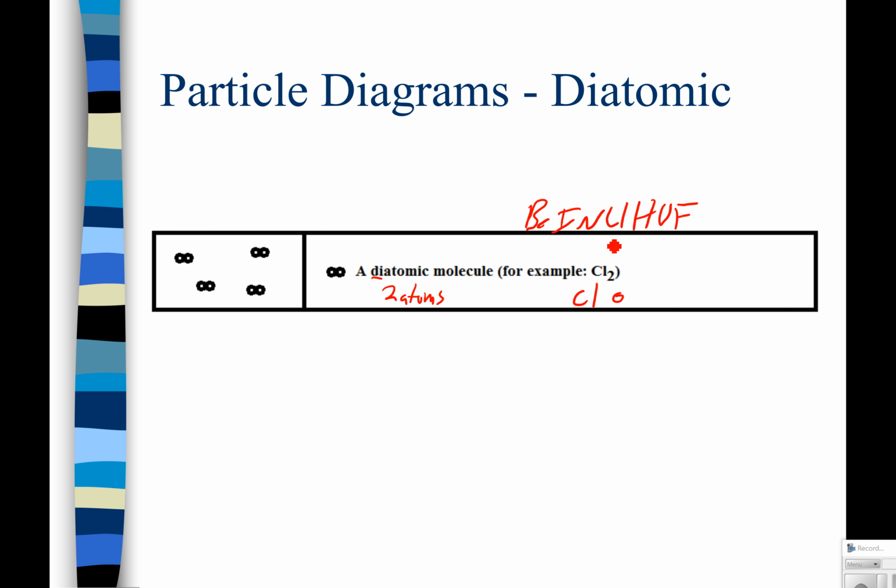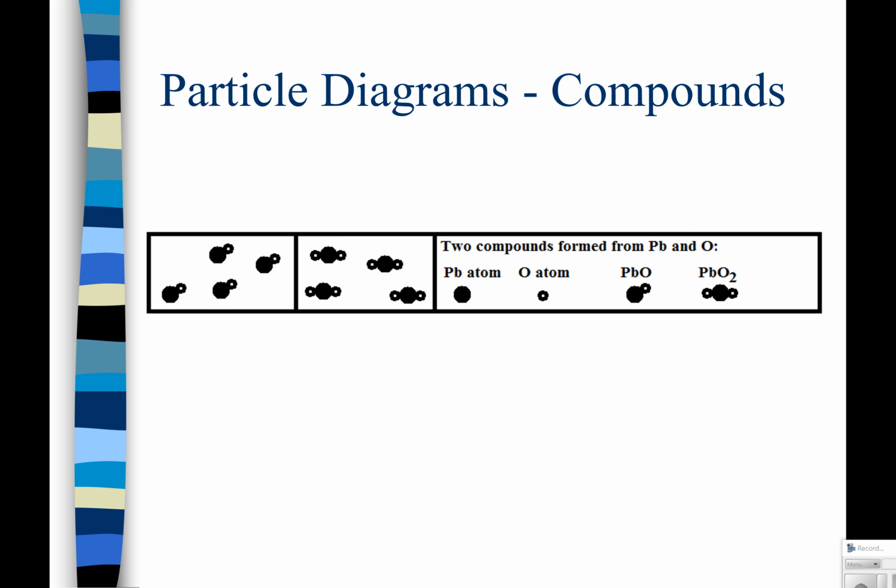And chlorine is in there, as well as bromine, iodine, nitrogen, hydrogen, oxygen, and fluorine. And again, you're going to have to remember this. So these are diatomic molecules, and we always write them diatomically as Cl2, not just Cl. And in our diagram, we see that there's two atoms bonded together, two chlorines in this example.